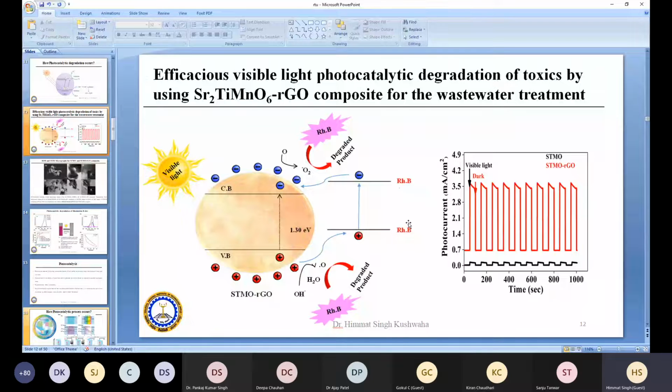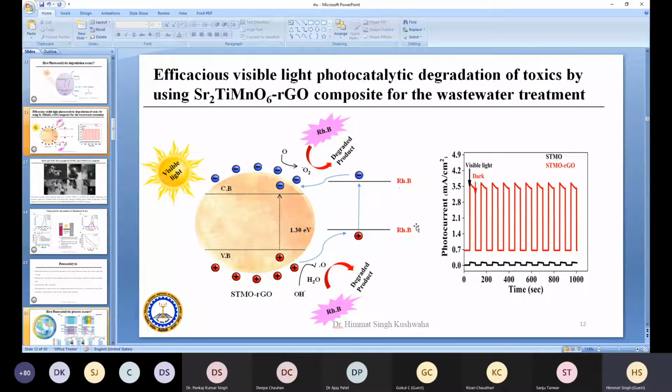This work was done here in the lab, on STMO, a strontium titanium manganese oxide and reduced graphene oxide composite for wastewater treatment. In this work we mainly tune the band gap by using reduced graphene oxide.